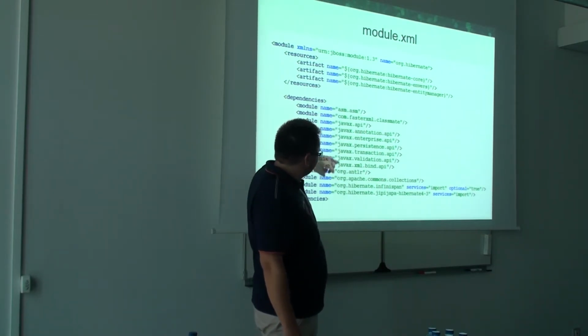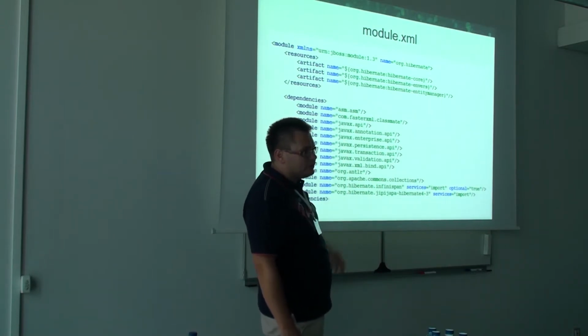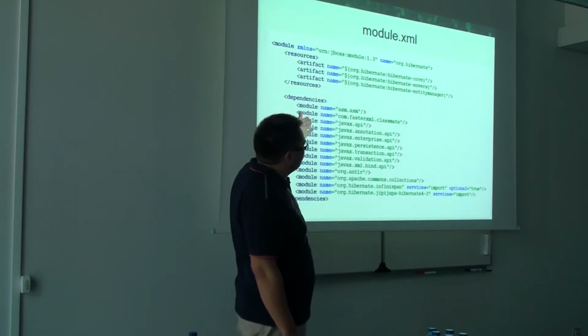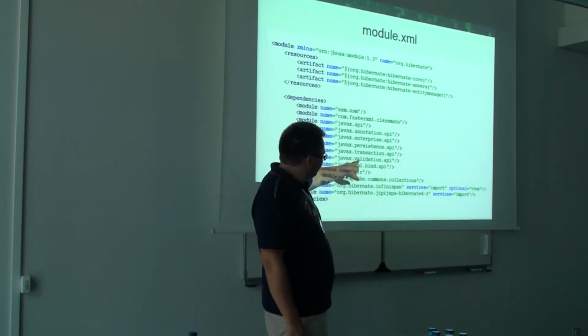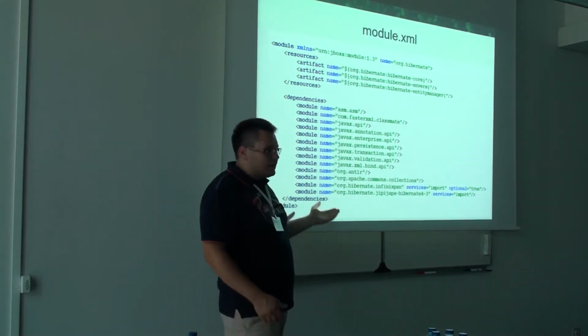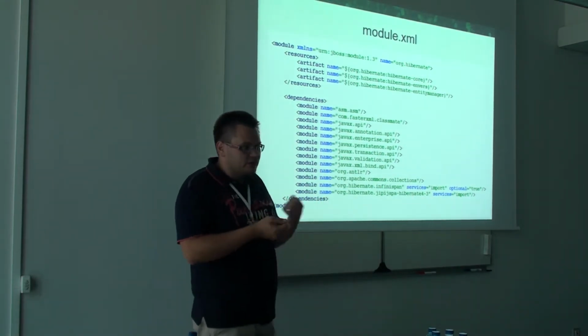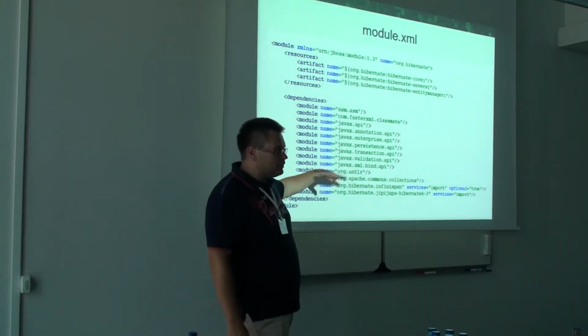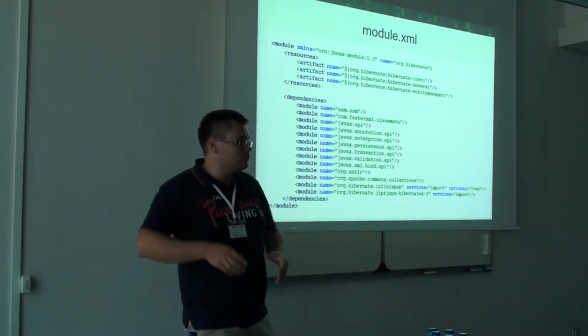Which makes sense. All the stuff that has to do with Java EE, ORM, JPA, like validation, persistence, and so on. And we know that Hibernate uses ANTLR as its grammar building tool, so it has to be there. That means that also the ANTLR module we have to define in a special module and have there.